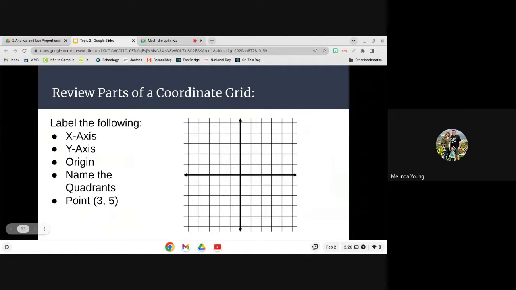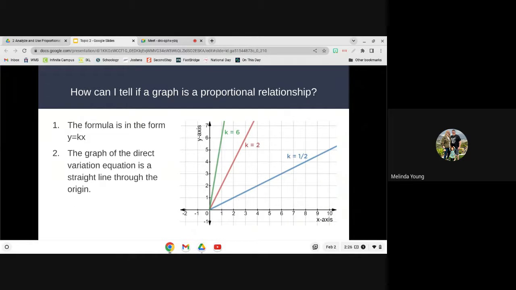All right. So when you're looking at a proportional relationship on a graph, there are 2 different ways you can determine if what you're looking at or what you're graphing is in fact a proportional relationship. The first way is the information in that y equals kx formula we learned in lesson 2-4.